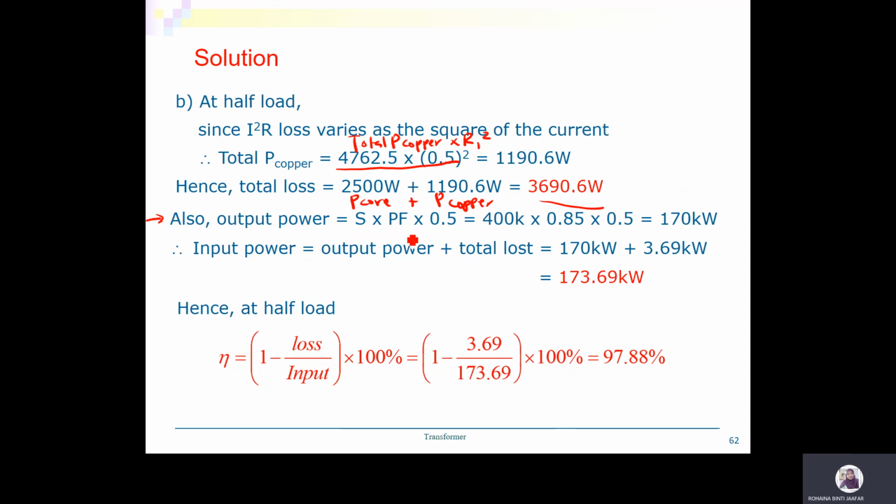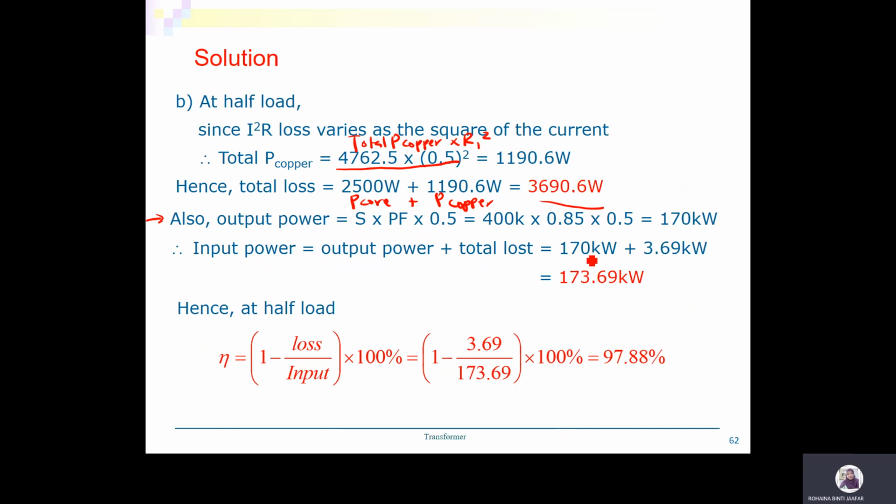And then follow the next step, find the output power. To get the output power, S times PF times 0.5, where 0.5 is your R1. You will get 170 kilowatt. And then the input power, same formula as at full load. Input power equals output power plus total loss.